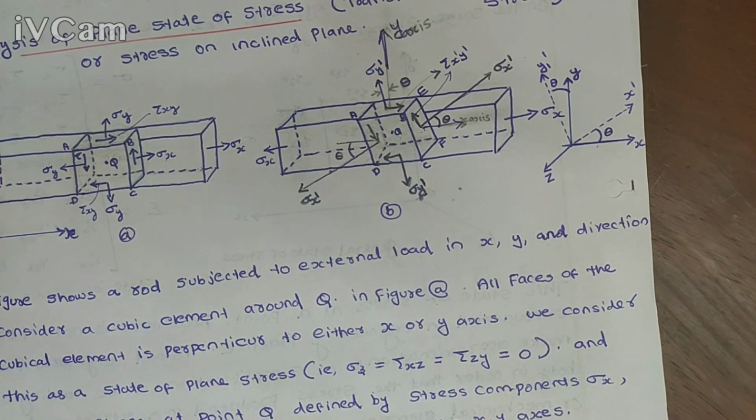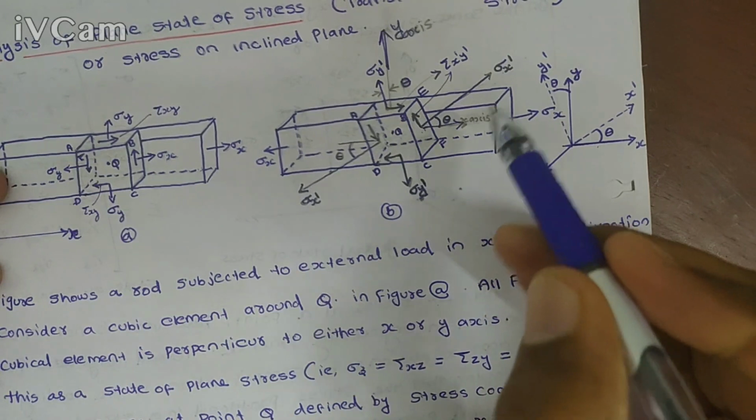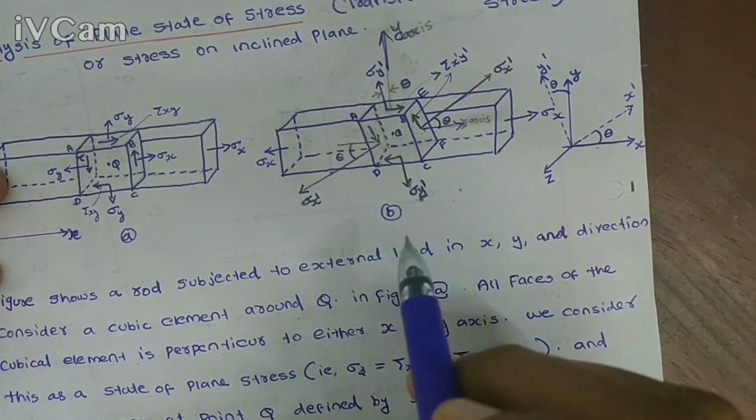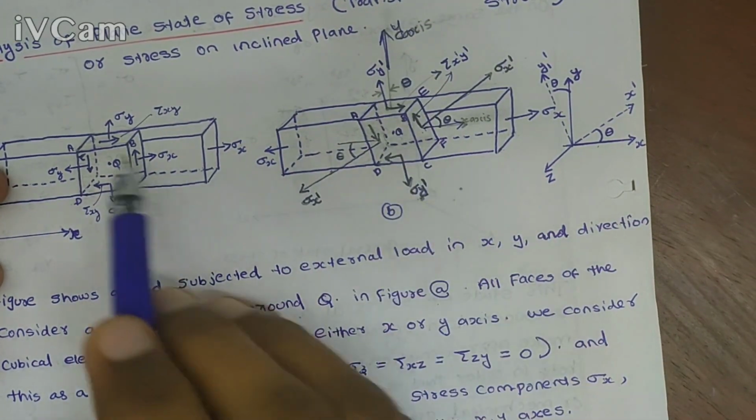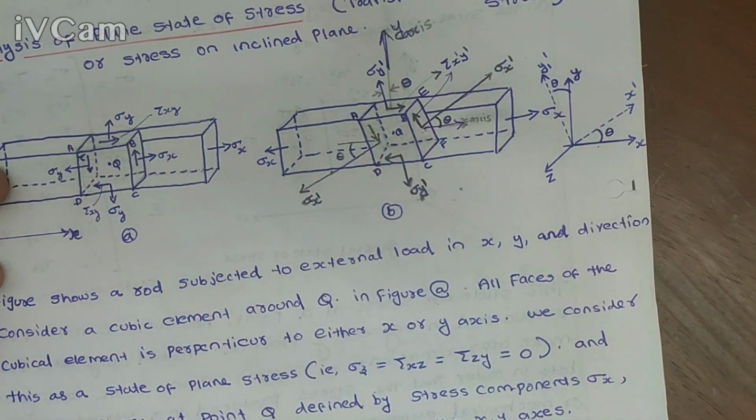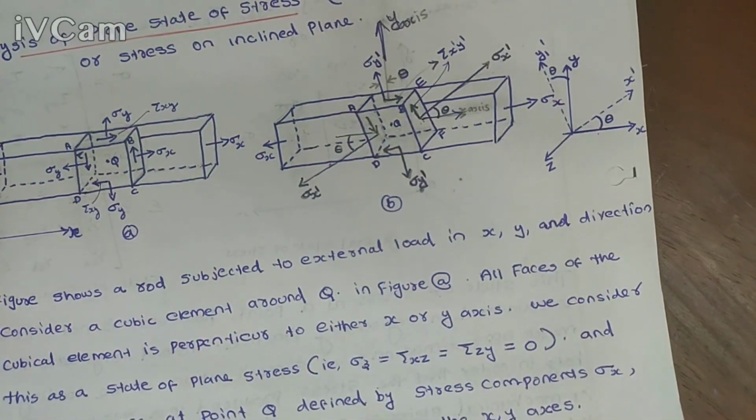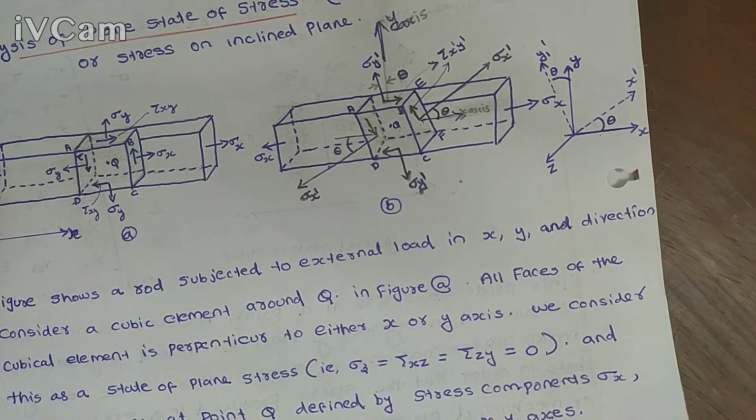Here I am not going to explain the derivation to calculate sigma x dash and sigma y dash, and even tau xy, because this is not included in your syllabus.